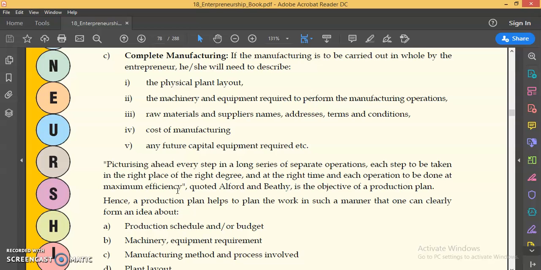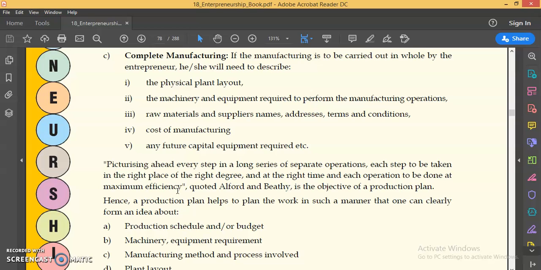So you have to make it in the right way. Right proportion, right place, right degree, right time. Everything, whether it is a tire or a chemical or furniture or any part you're making, should be properly calculated and carried out efficiently so that there is no wastage. So waste management is one of the most important factors that you should keep in mind.